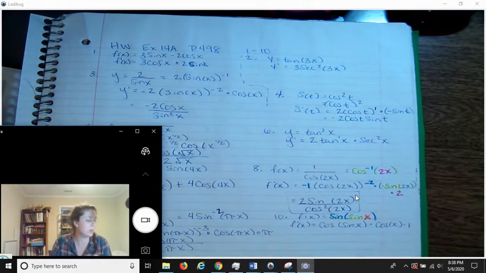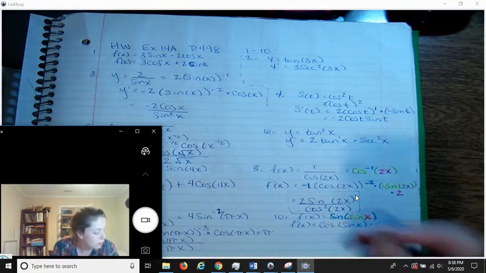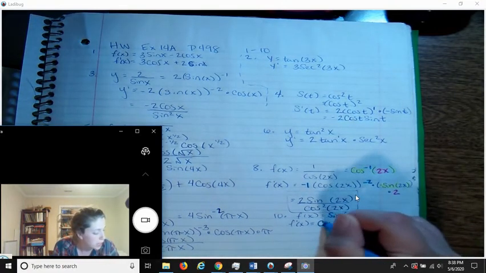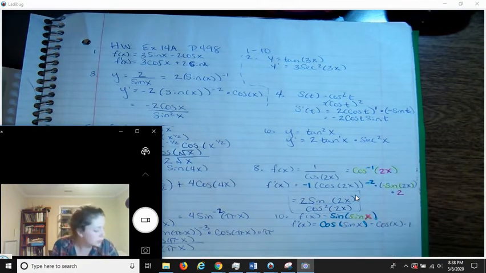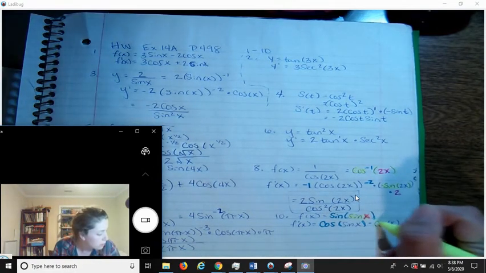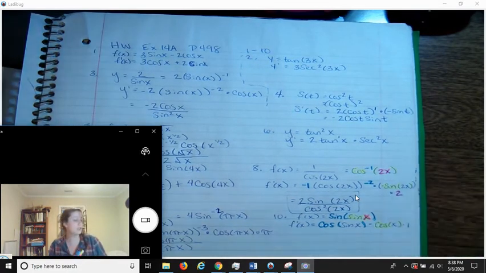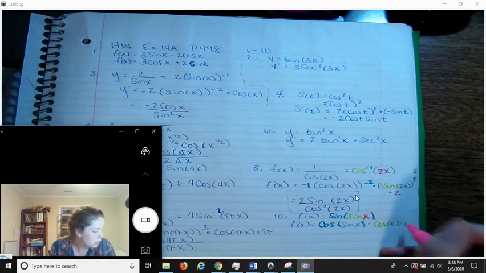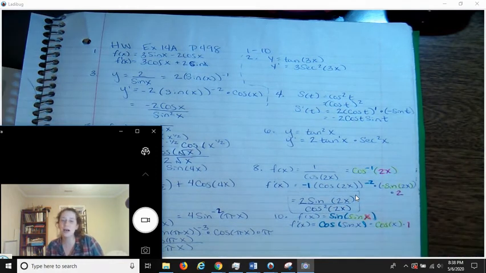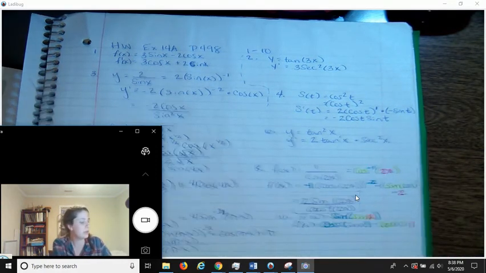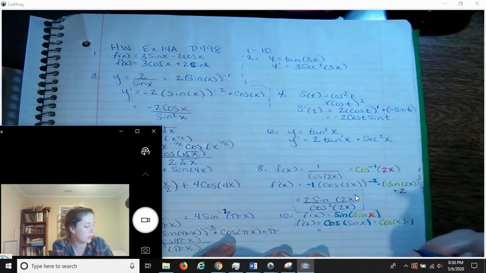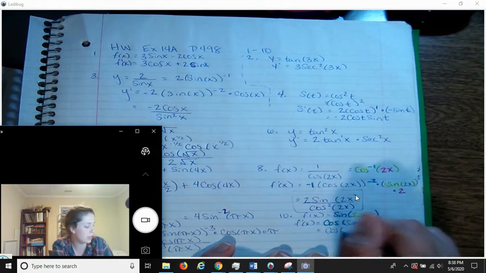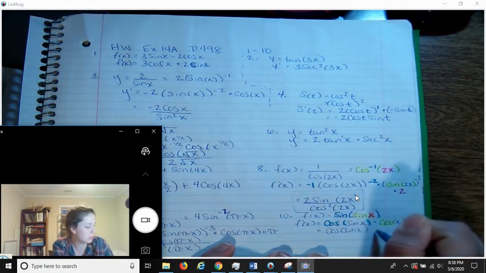So if I label my derivatives here, my blue derivative was this guy, my yellow derivative was this guy, and then my pink derivative was this guy. Hopefully the colors make it a little more clear. When I simplify this, it's pretty much simplified. You would just have cosine of sine x times cosine x.